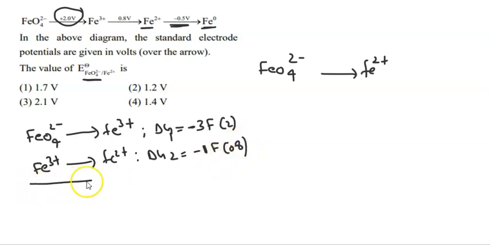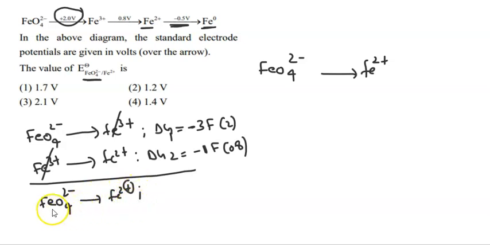If you are going to add this, here this and this will be cancelled, then FeO4 2 minus will give rise to Fe2 plus. Here it will be plus 6 oxidation state, here it will be plus 2 oxidation state. Then delta G3 is equal to, difference is minus 4 into E naught.